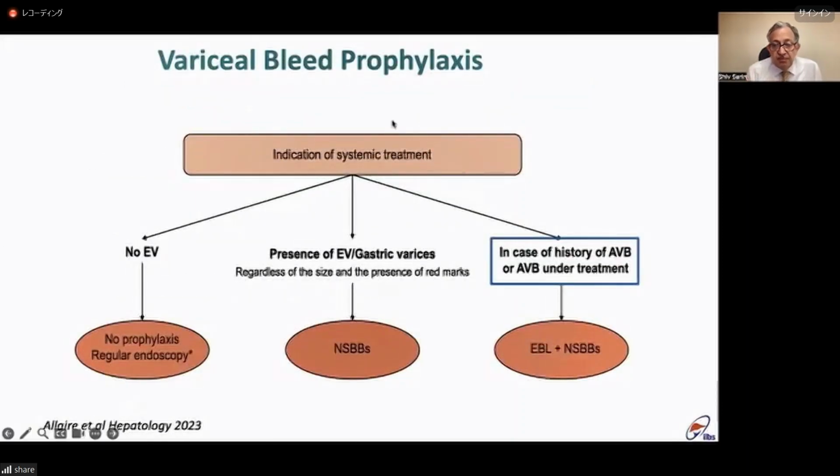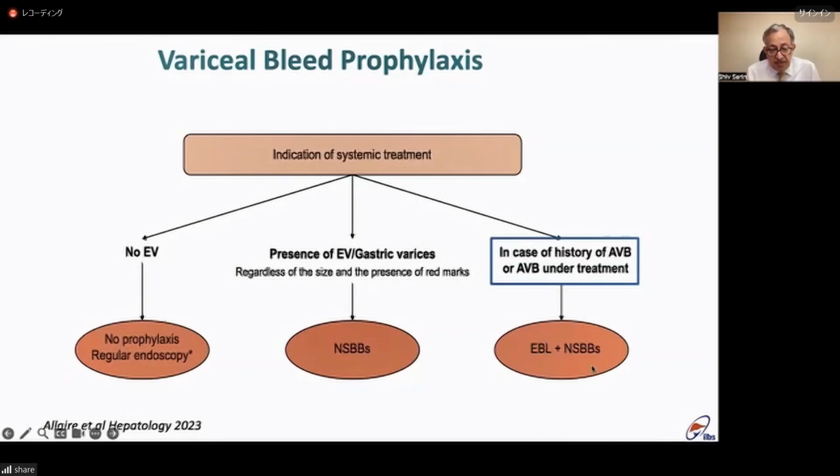Now, can you do some more in the prophylaxis part? I told you if the patient has esophageal varix or a gastric varix, regardless of size or red color markings, beta blockers are given. In acute variceal bleed, or a patient who was getting treated with immune checkpoint inhibitor for HCC and develops a bleed, you will do band ligation.